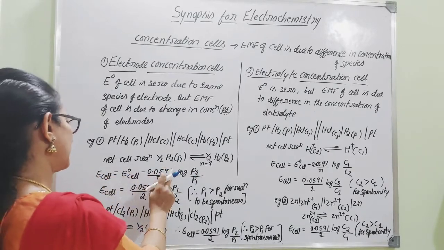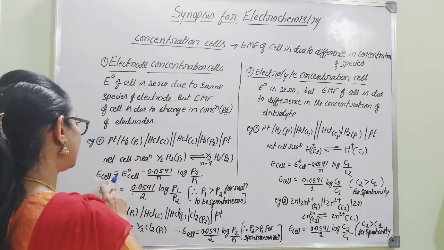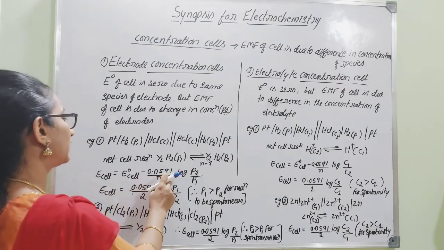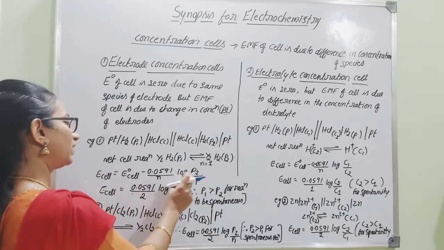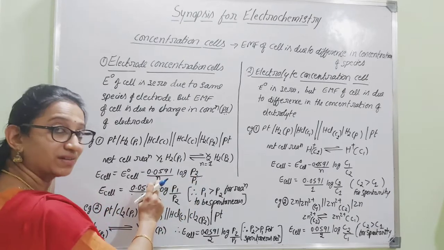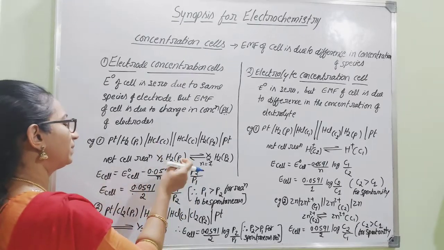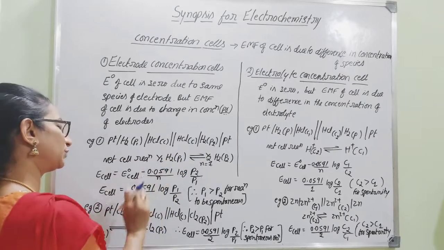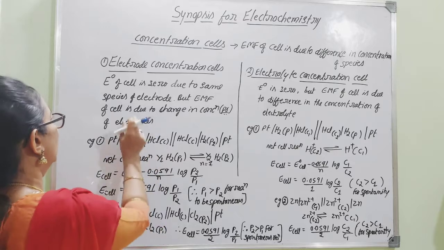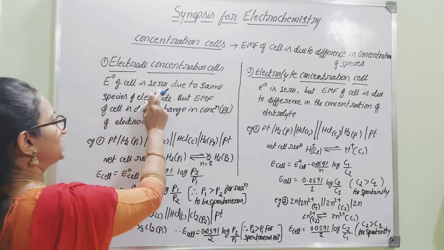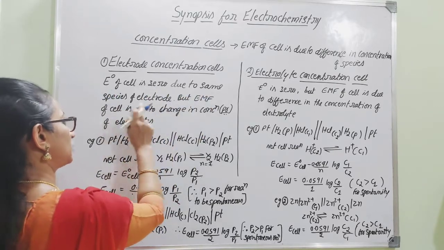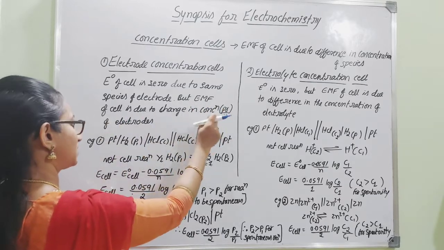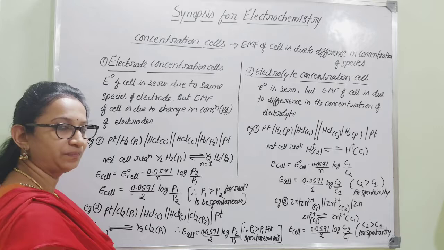As you know, the EMF of cell is given as E cell equals E naught cell minus 0.0591 by n log of P2 by P1, where n is the number of electrons exchanged during oxidation and reduction at anode and cathode. Here E naught of cell is 0 due to the same species of electrode, but the EMF of cell is due to the change in concentration of electrodes.